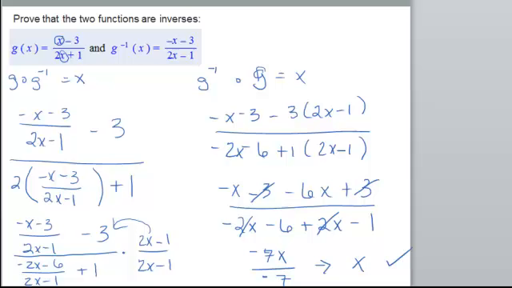So you have at least proven halfway that g and g inverse are really and truly inverse functions. To fully prove this, you would need to do the same thing for g inverse of g of x. So you would need to take all of g and plug it into these little x's and do the same process for that one.